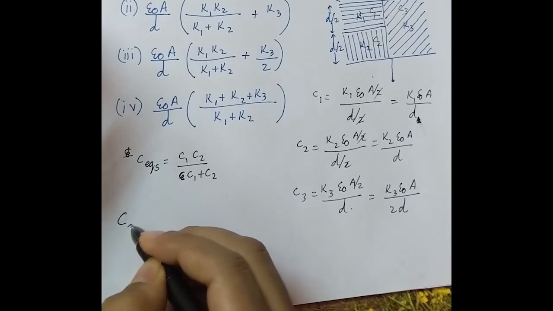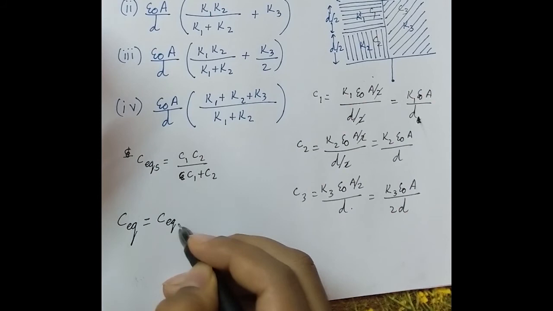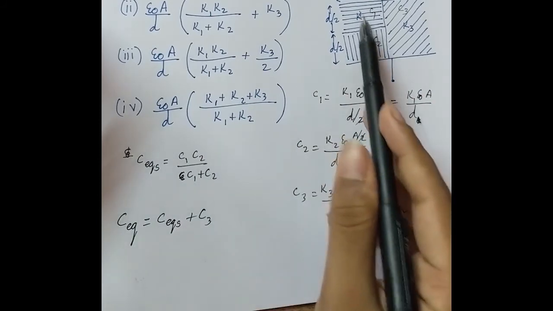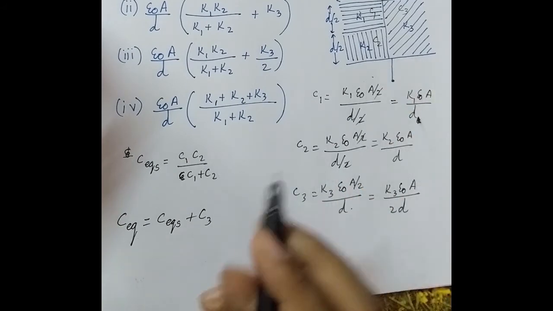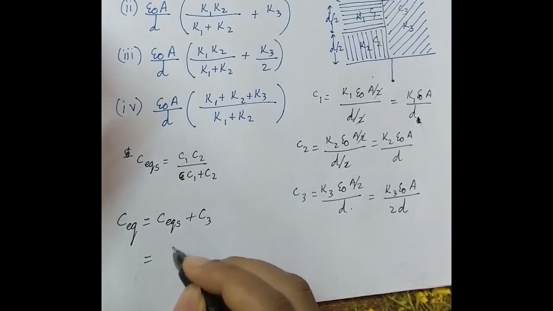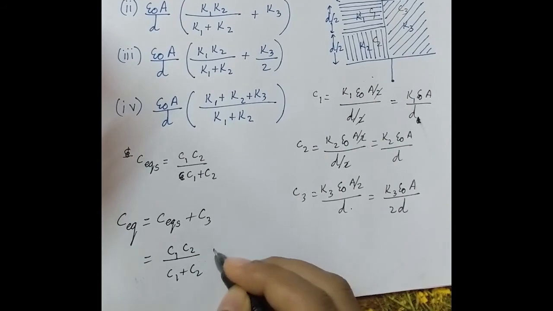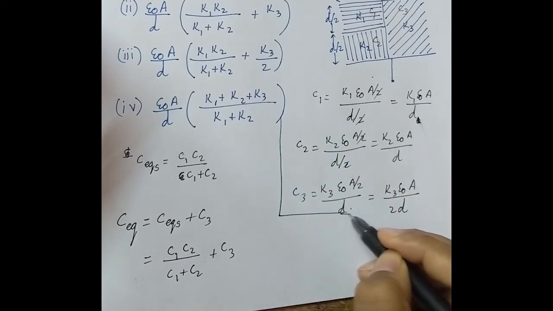So the final equivalent capacitance is just this plus C3, because remember in series combination they add reciprocally, in parallel combination they simply add up. So let's put the C1 C2 plus C3.